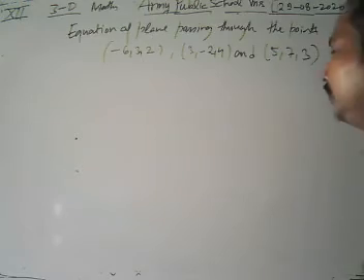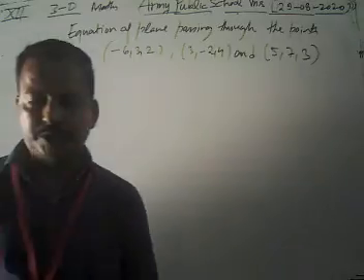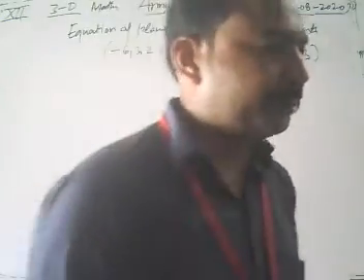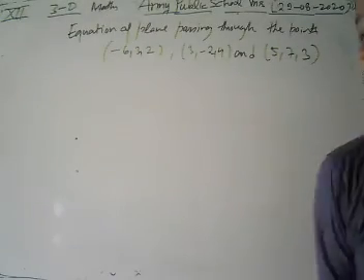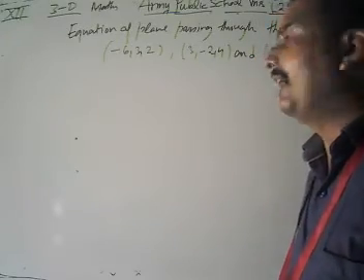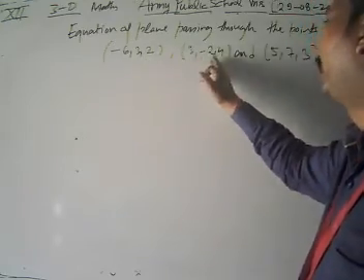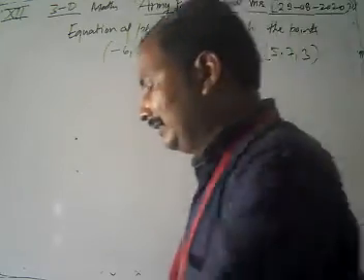Look, whenever we are going to find the equation of a plane, suppose we are going to find its Cartesian form. We have 3 points, given as (x1, y1, z1), (x2, y2, z2) and (x3, y3, z3).